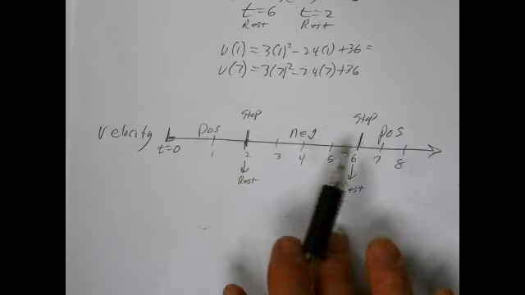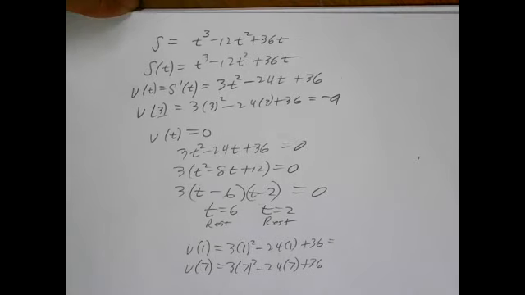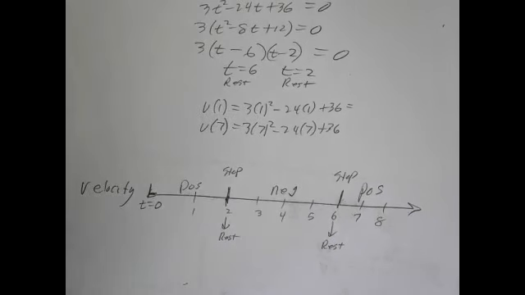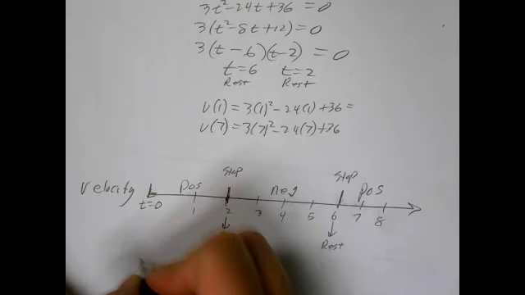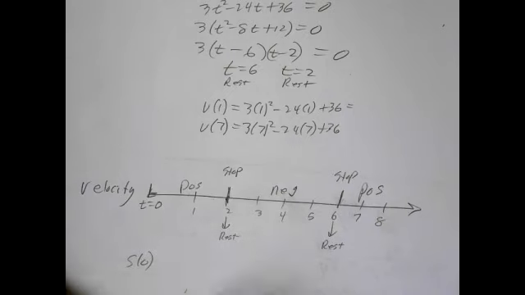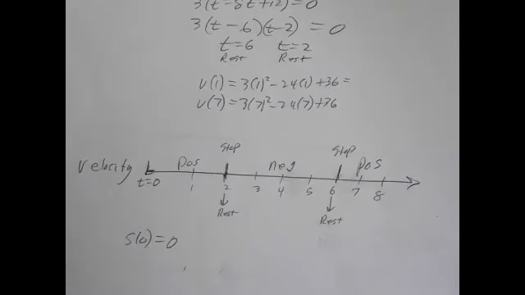And we're going to have to use our position function. We need to go back to position. All right. So at time 0, let's look at these times. At s of 0, that one's really easy to plug in. You get 0. So at time 0, it was at location 0.